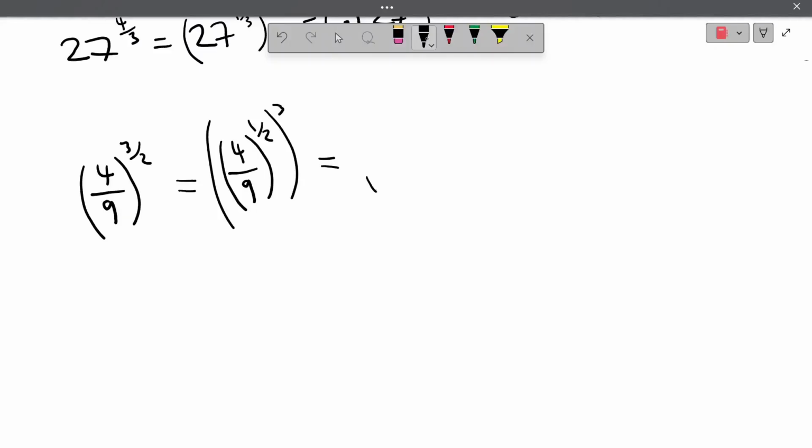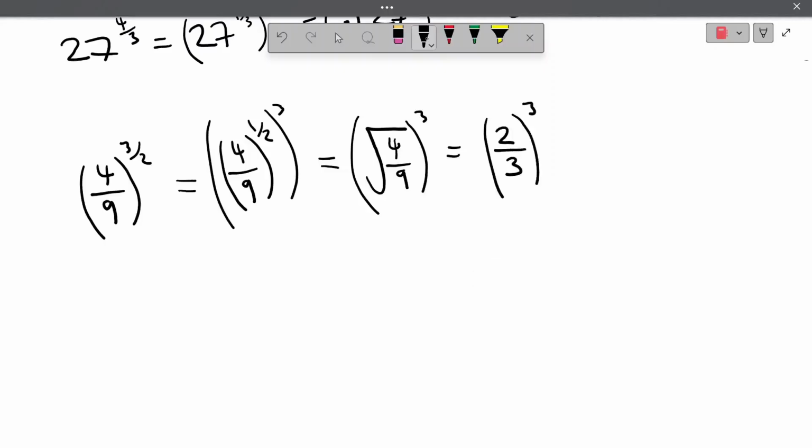But really what I'm doing is the square root of 4/9, cubed. Now the square root of 4/9 is 2/3 because the square root of 4 is 2, square root of 9 is 3, and then I have to cube it. 2 cubed is 8, 3 cubed is 27.